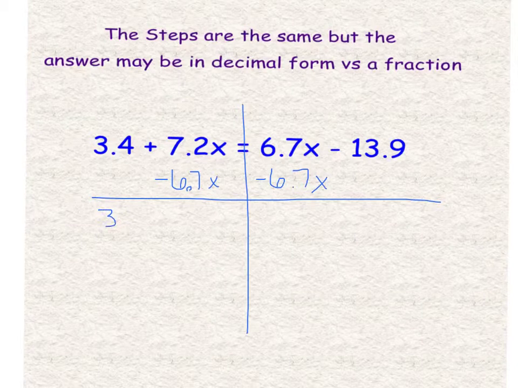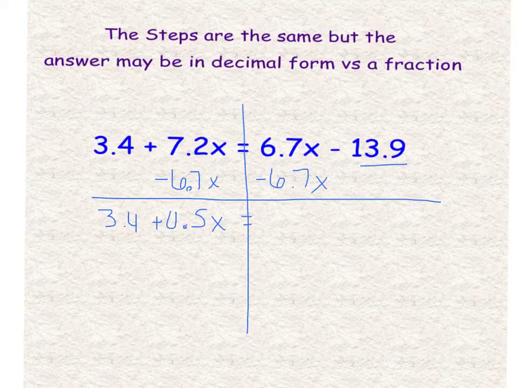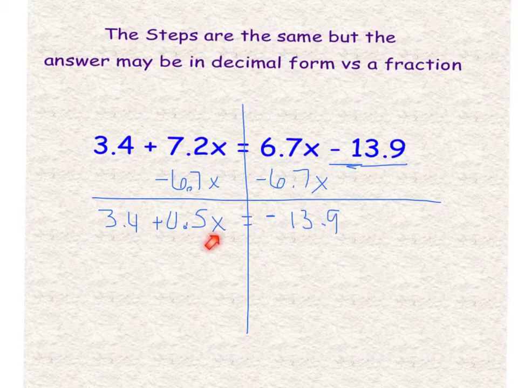So now I have 3.4 plus 0.5x equals, don't forget this 13.9 has a negative in front of it, so it's going to be negative 13.9. And then here's my variable. So I need to get rid of whatever's furthest away or added or subtracted to it. So I'm going to get rid of the 3.4 by subtracting 3.4.